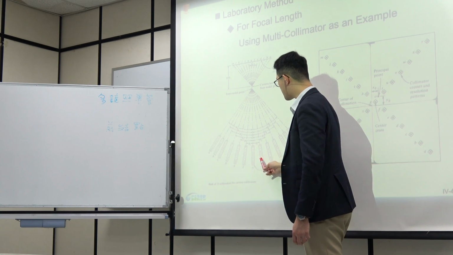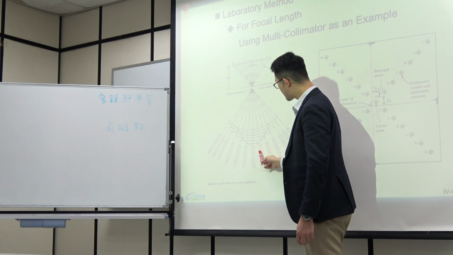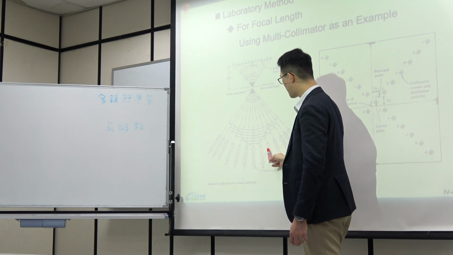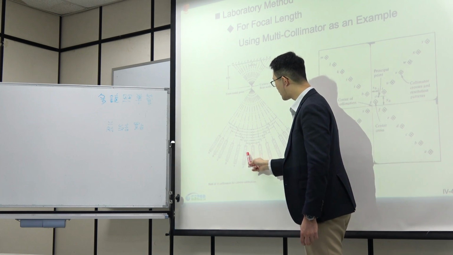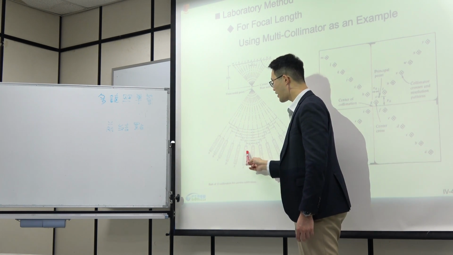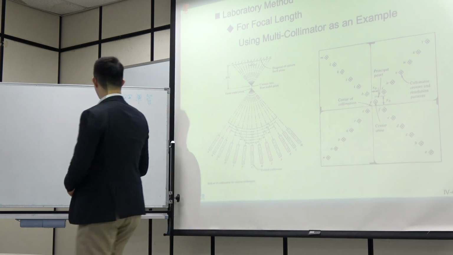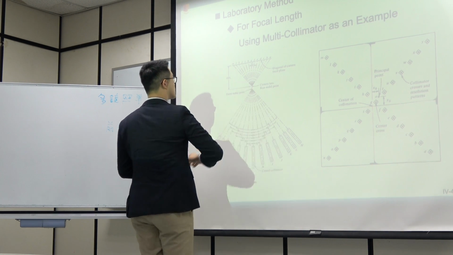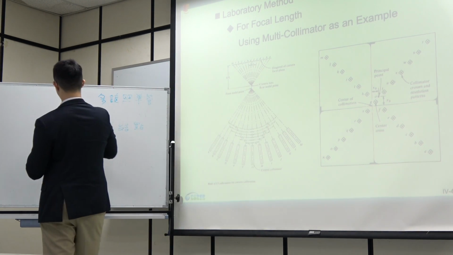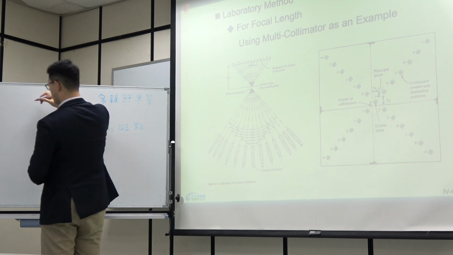The angle between each of the consecutive collimators is 7.5 degrees. Here is 7.5 degrees, and here is 7.5 degrees, and so on. Each of them is 7.5 degrees away from the other. If I draw G, here is the perspective center, and here is the image plane.